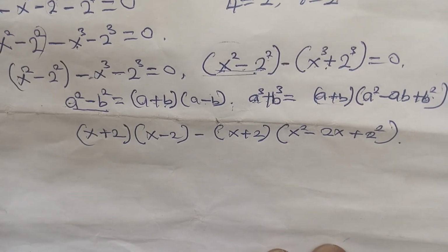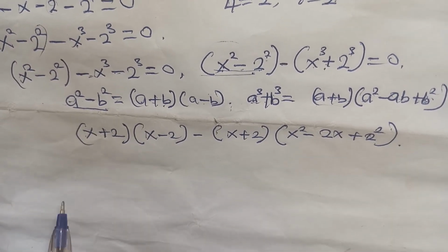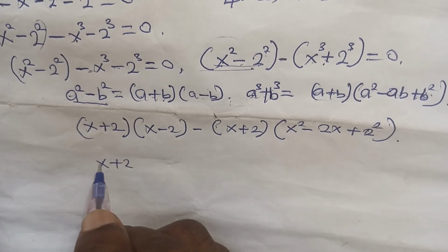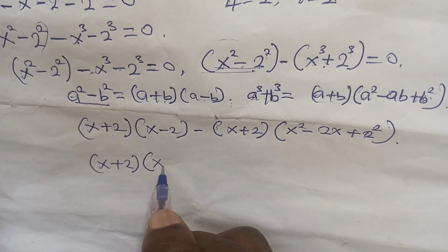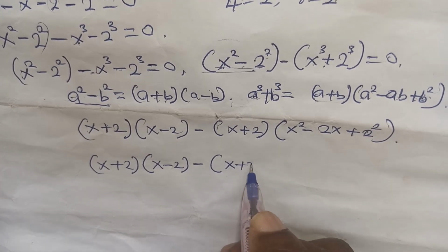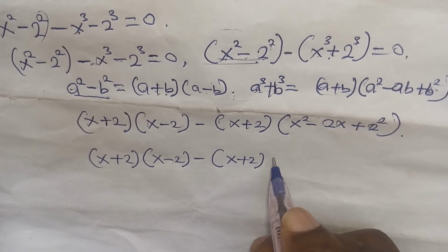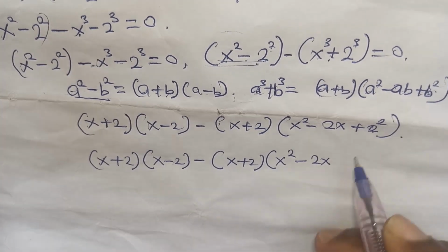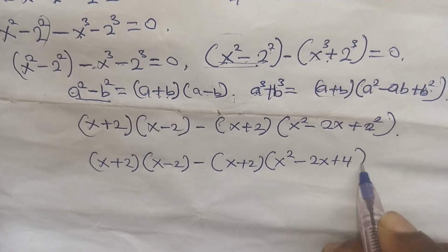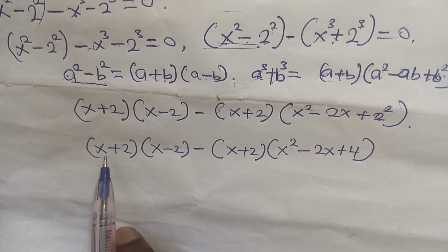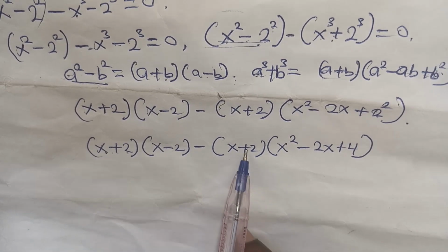So we have x plus 2 into x minus 2 minus open bracket x plus 2 into x squared minus 2x plus 4 close bracket, since 2 squared gives us plus 4. We can now see we're having x plus 2 here and x plus 2 here.